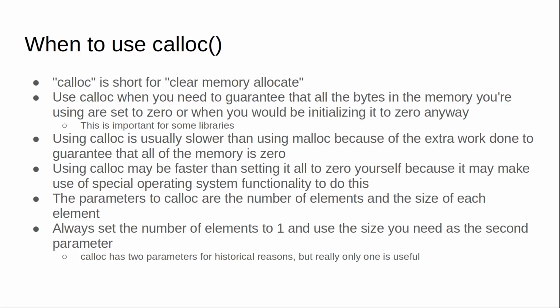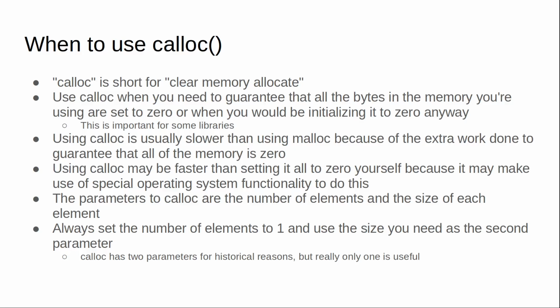This is really important for some libraries. Generally, if the memory that you allocate is going to be passed to a library you didn't write or a function you didn't write, you should use calloc, because you don't know what that other library's initialization function is going to do.